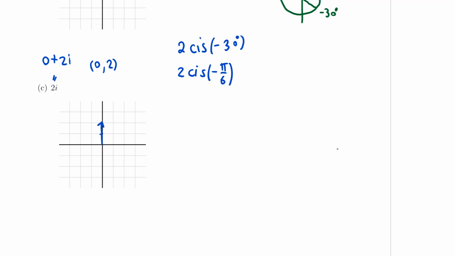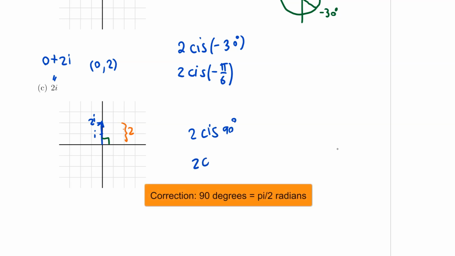Notice how i is here, and so 2i would be here. So that makes sense. Now this would have length 2, and the angle between this and the positive x-axis is 90 degrees. So the polar form for this one is just going to be 2 cis of 90 degrees. Or we can write this as 2 cis of pi over 4 then.